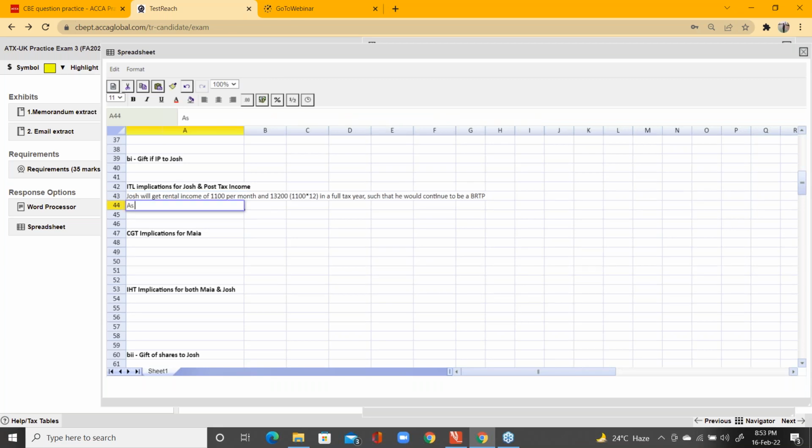Why have we written this point? Because due to this further income, there will be no impact on the tax rates. In fact, it will not change. He is getting this gift on 1st July 21, and post-tax income for 21 months.